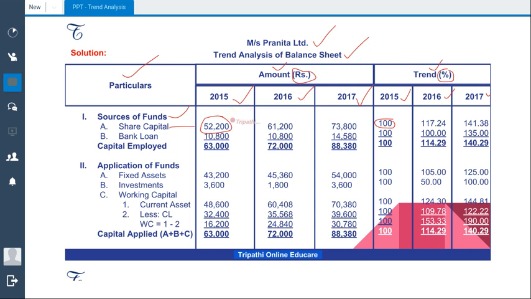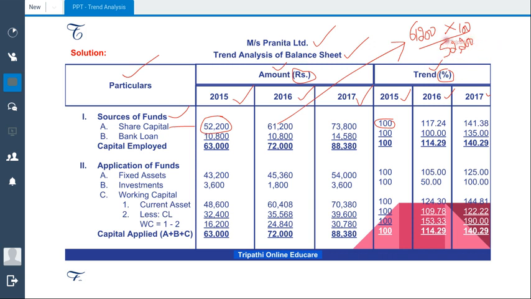Right? Now, based on this, we will calculate the percentage of 2016. How do we calculate it? Let me show you the calculation. I'm going to take 61,200 into 100 divided by 52,200.